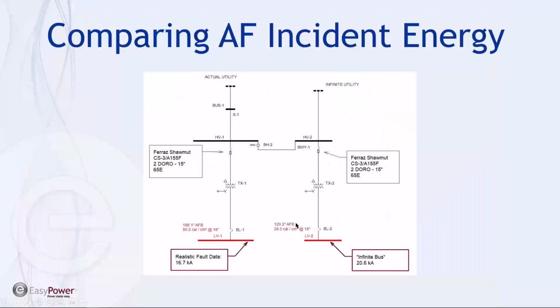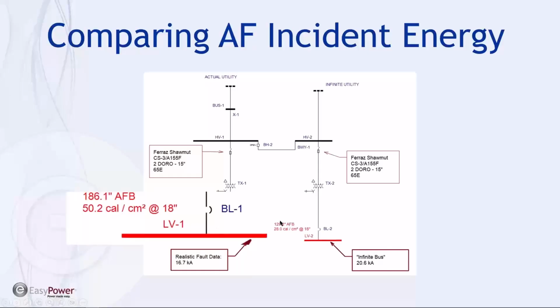But just as before, when we look at the arc flash results, we get a higher result on the lower current, again, because we have the primary protection on the high line side of the transformer.